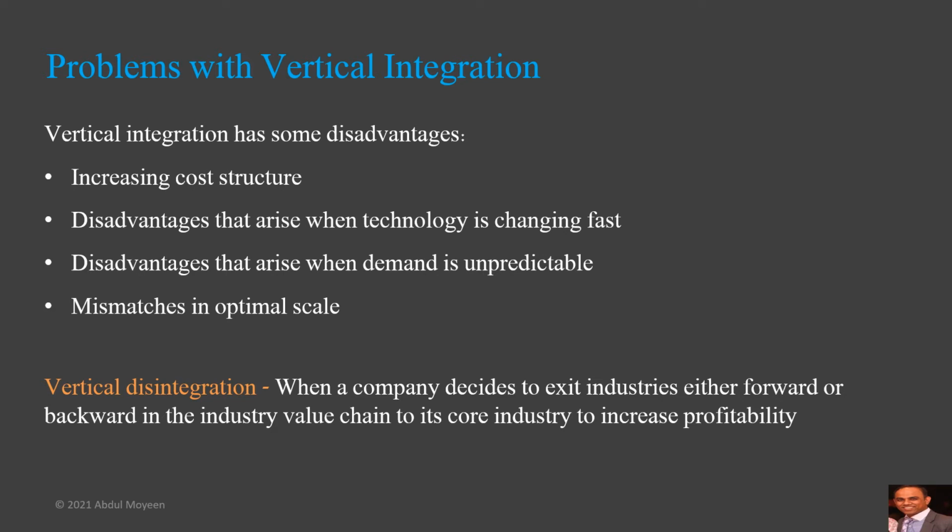Company-owned or in-house suppliers might have high operating cost relative to independent external suppliers because the vertically integrated company knows that it can always sell their output to other parts of the company.